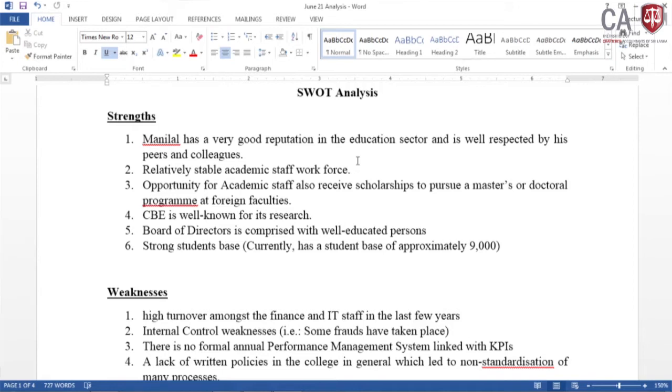Then CB is well known for its research, it's a strength. Investment in research activities. Board of directors is comprised of well educated persons. We look at the profile of them, they are highly educated, therefore, I identify it as a strength.